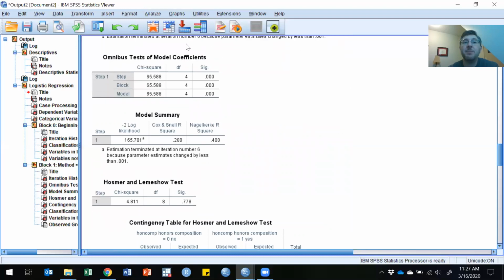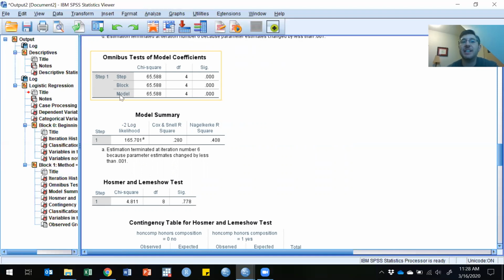Next is this omnibus test of model coefficients. This is basically a likelihood ratio test, and it's saying: our independent variables as a set, are they doing a good job of predicting whether someone is in honors composition, above and beyond what that null model is doing?